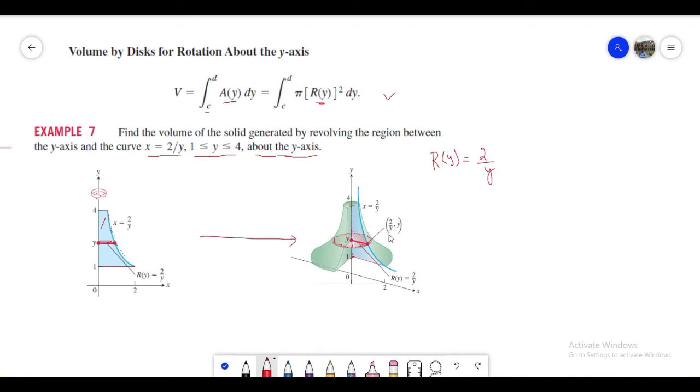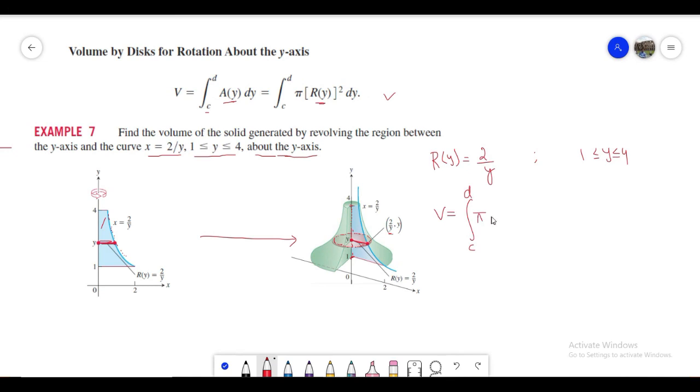Now the limit of integration is very simple: y is ranging between 1 and 4. So we can easily substitute into the formulation of the volume.